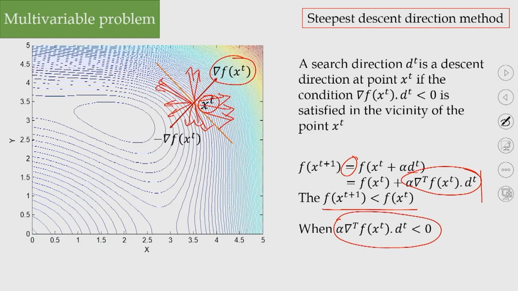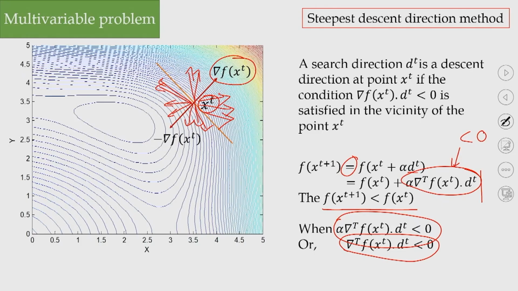So, if it is less than 0, then f of x t plus 1 will be less than f of x t. Therefore, this particular portion should be less than 0. So, I can say that, because alpha is constant, if this particular value, that means the first derivative at x t dot d t, is less than 0, then whatever direction you are going along, d t direction, that direction will be a descent direction.